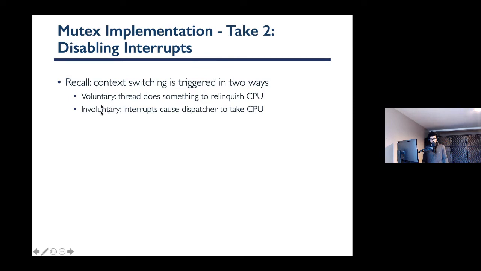If I prevent both of these two in a uniprocessor, then I by definition get mutual exclusion, because the moment A enters the critical section, if I disable both of these two, then I'm sure that A can finish its critical section without being interrupted.